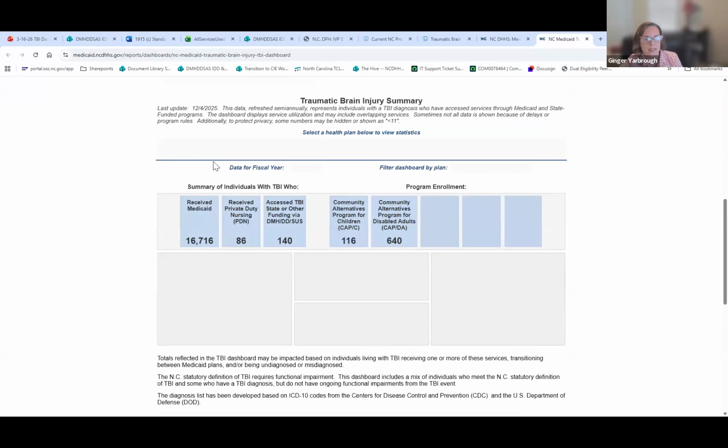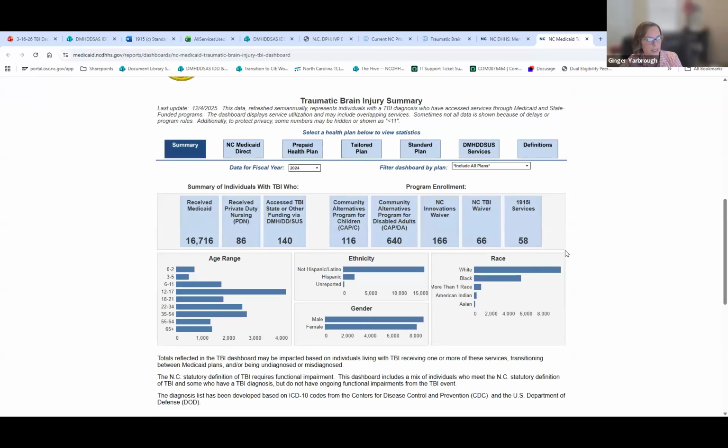I want to go back to the summary really quickly. The other thing I wanted to point out is this goes back to 22. So you can actually go across 22, 23, and 24. So you can see the numbers across the years, and this will continue to grow.